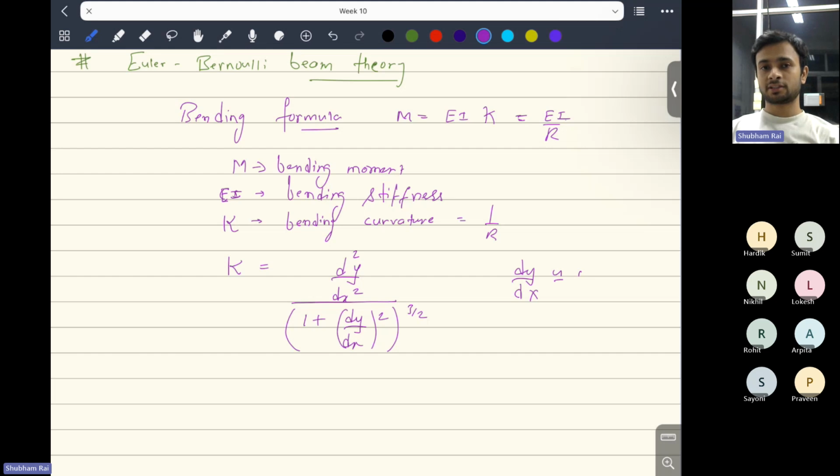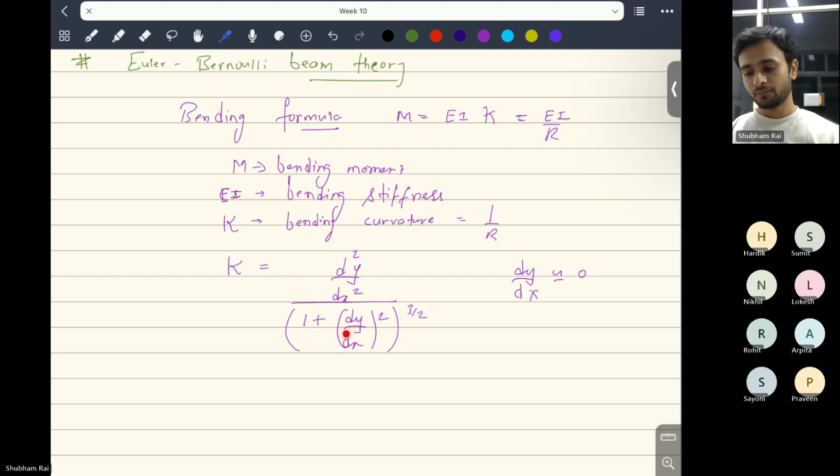The deflection of those steel bars will be very small, so the slope will also be very small. In structural elements, the slope of the beams is very small, so we assume the slope to be small compared to curvature. The square will be further smaller, so we neglect the square of the slope of the beam.